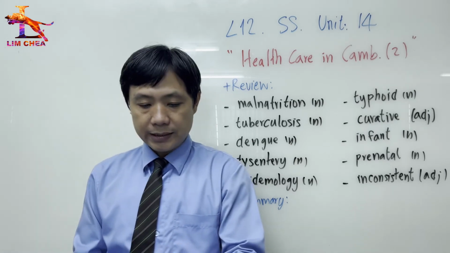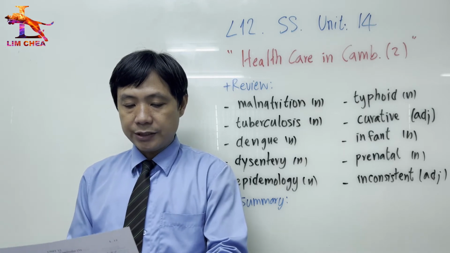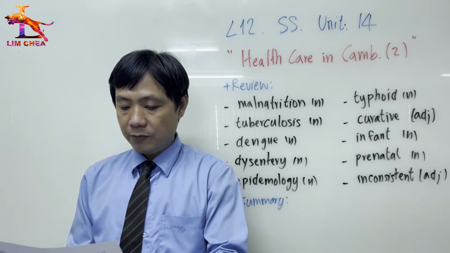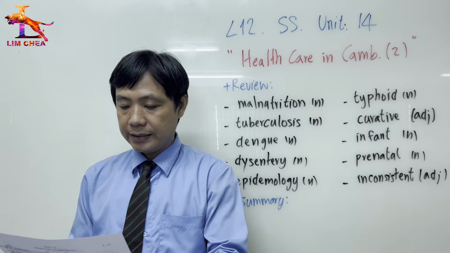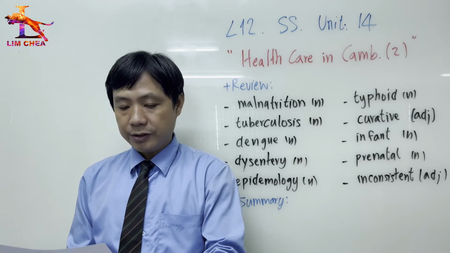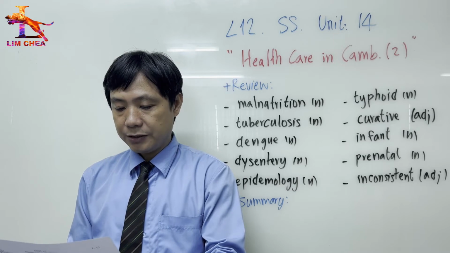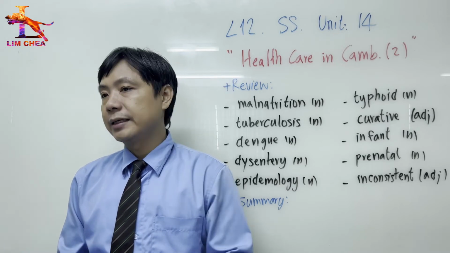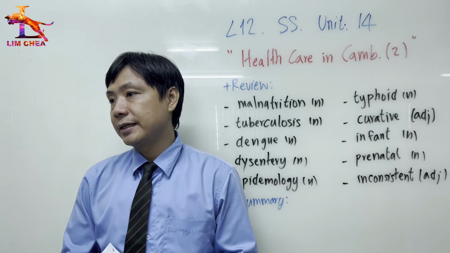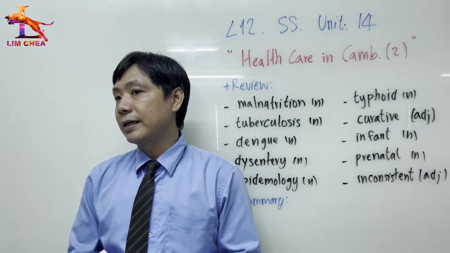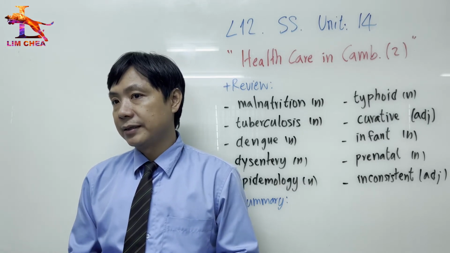Another word is epidemiology, the branch of medicine which deals with the incidence, distribution, and possible control of disease and other factors related to health. We can say disease that spreads, just like COVID, which spread very fast in the past.